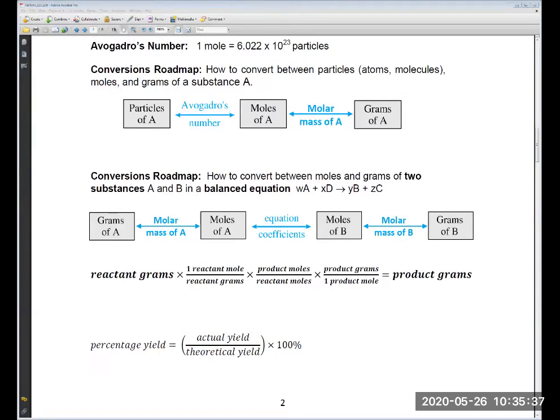And there is this example below to show what it looks like. If you have reactant grams, that's your given amount. 1 reactant mole over reactant grams is the molar mass of that reactant. And then you change the reactant moles into moles of product. So this middle conversion factor uses the coefficient from the equation, and then you use the molar mass of the product to find the grams of the product.